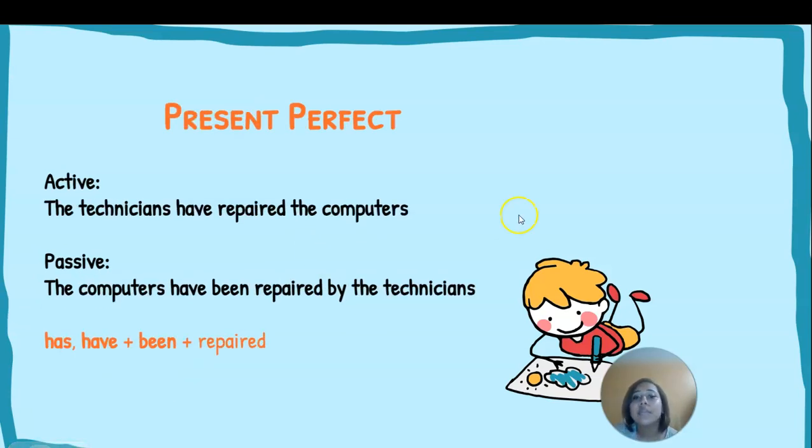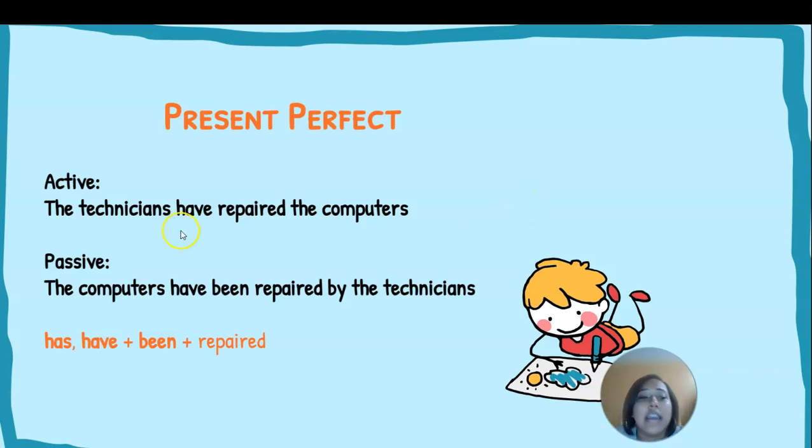All good? Now we have our present perfect, right? The technicians have repaired the computers. And then in passive we have: the computers have been repaired by the technicians.